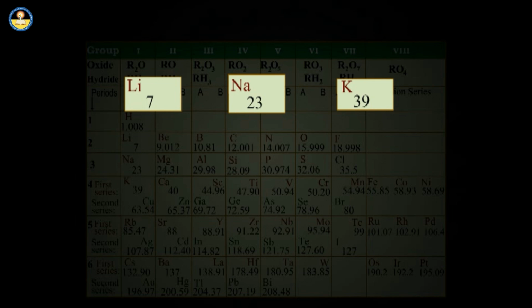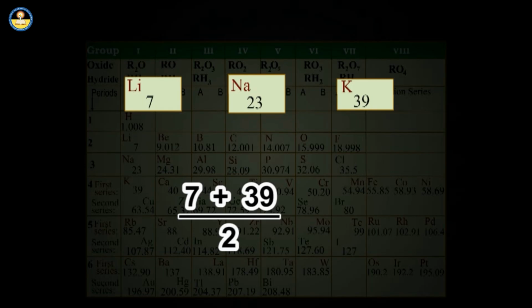In this case, the arithmetic mean of the atomic masses of the first element, lithium, and the third element, potassium, is equal to the atomic mass of the middle element, sodium. Atomic mass of sodium is equal to (7 + 39)/2, which is equal to 23. You can see that the actual atomic mass of sodium is also 23.